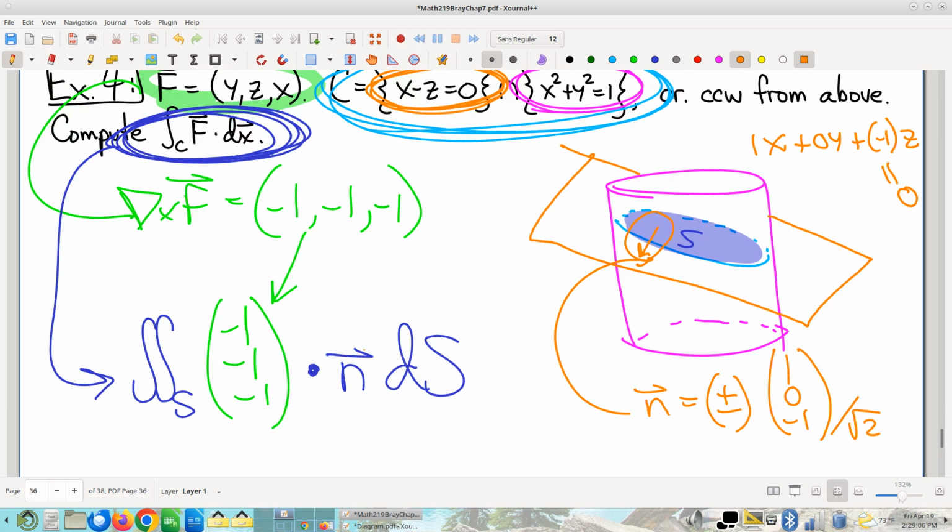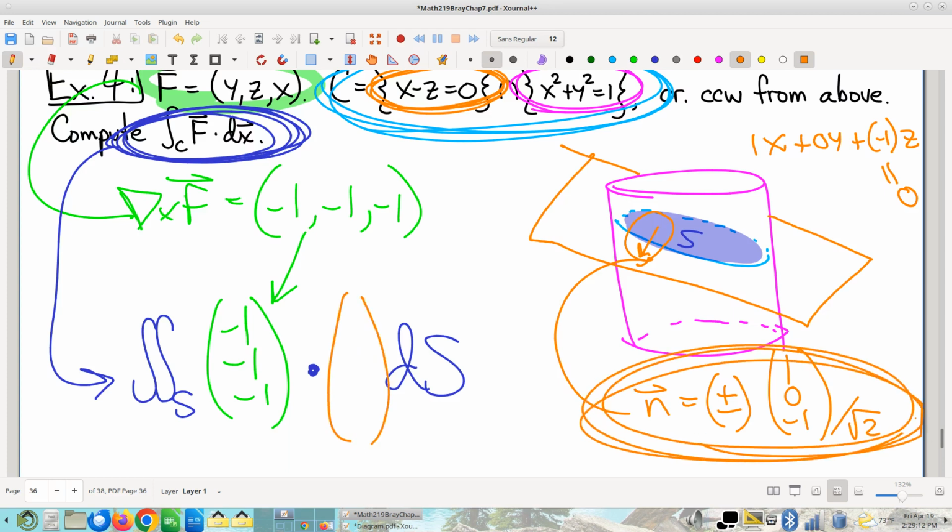So the normal vector here is like that. And game over, because this curl dot that normal vector is obviously 0, and we put our pen down and walk away.